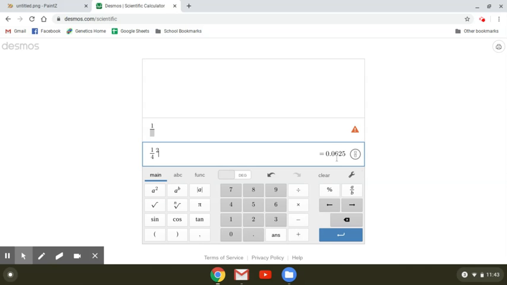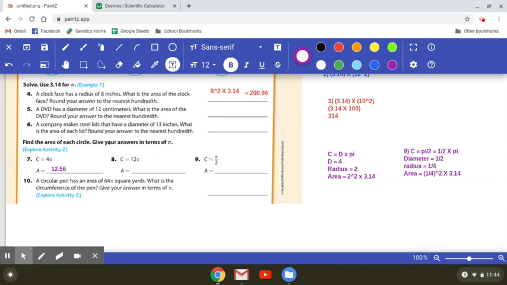Right? So that's what 1/4 squared is, and then I'm going to multiply that by 3.14. Right? So my answer is 0.196. So that's our answer for the area.